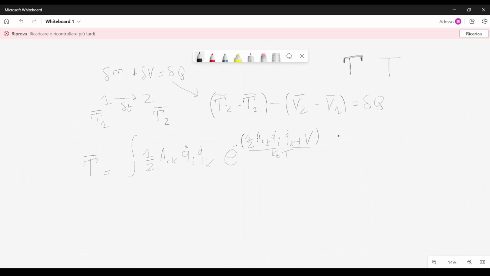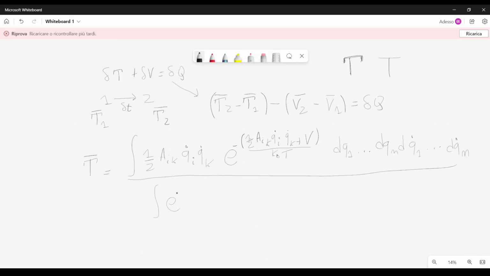And then we have to multiply by dq1 ... dqn, but we also have dq dot 1 ... dq dot n. And we have to divide by the same integral of the distribution.